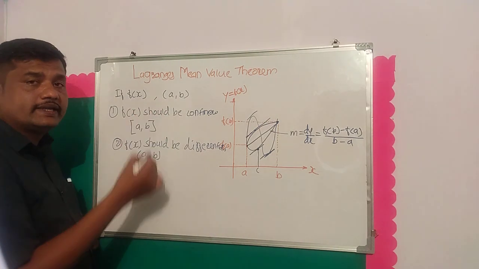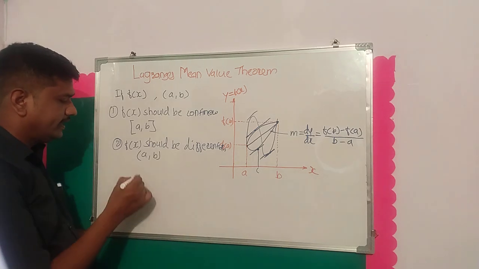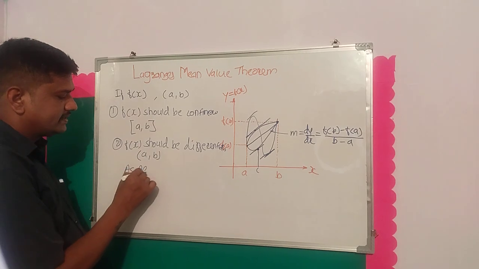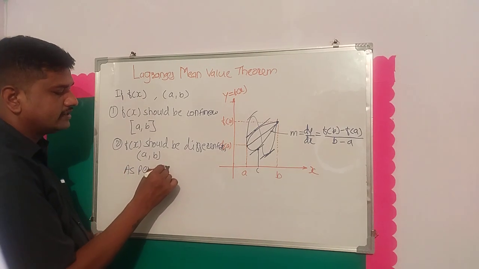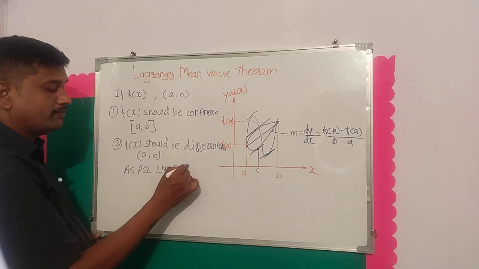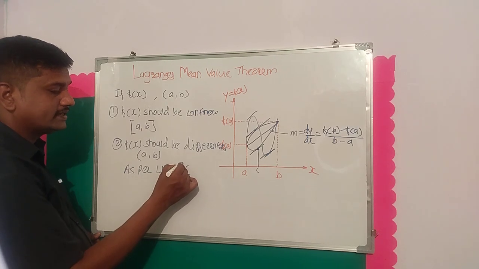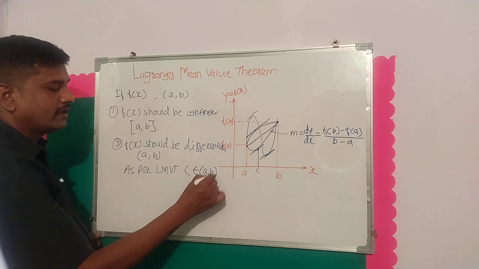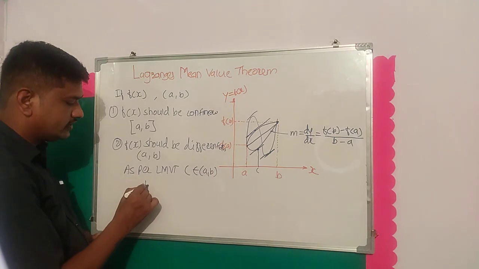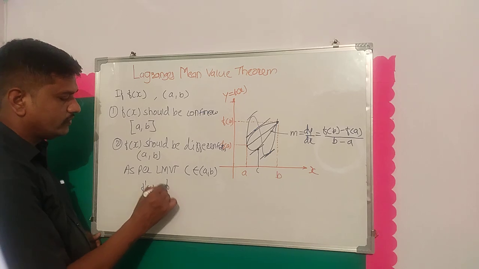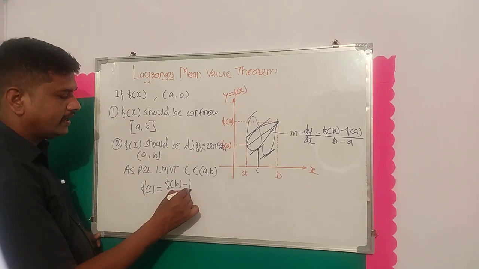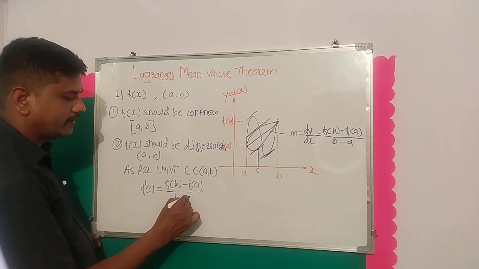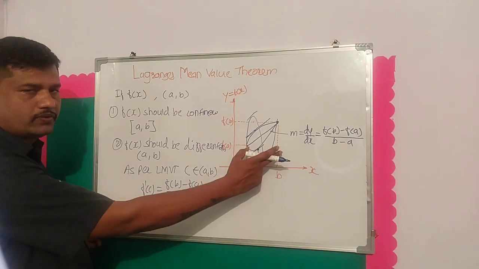If these two conditions are satisfied, then as per this LMVT, Lagrange's mean value theorem, there must exist some C which belongs to the open interval A comma B such that f dash of C is equal to f of B minus f of A upon B minus A. So this is what we have proved here.